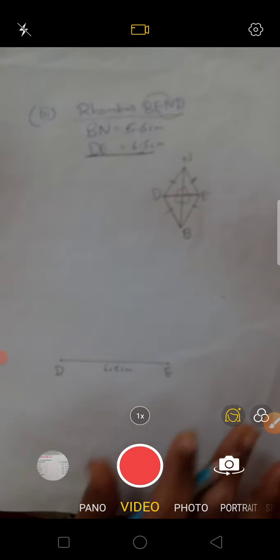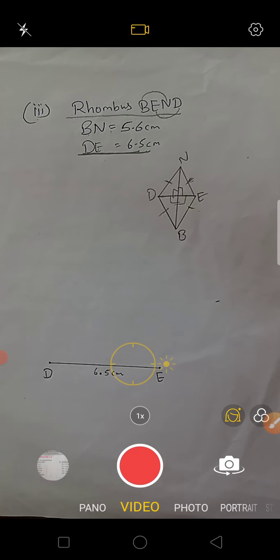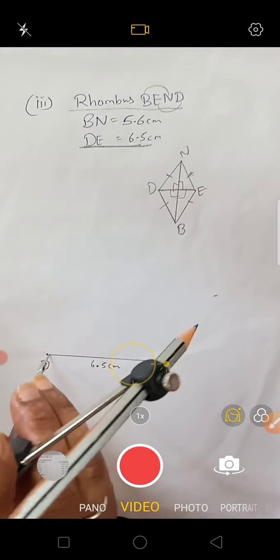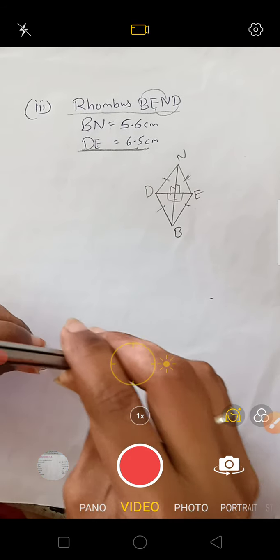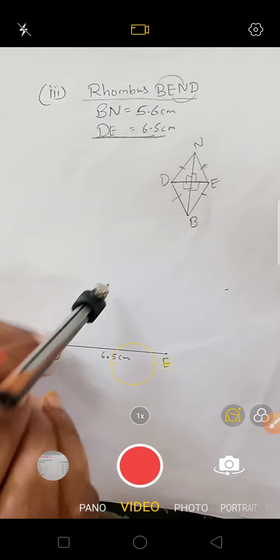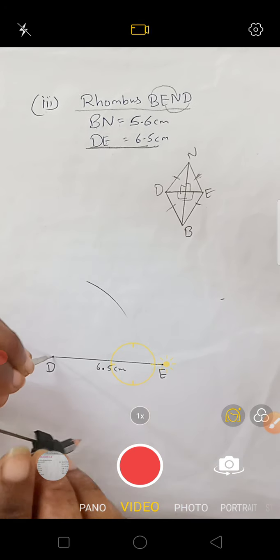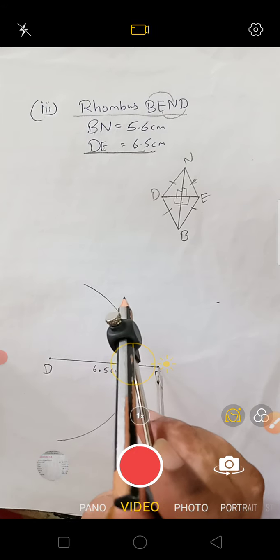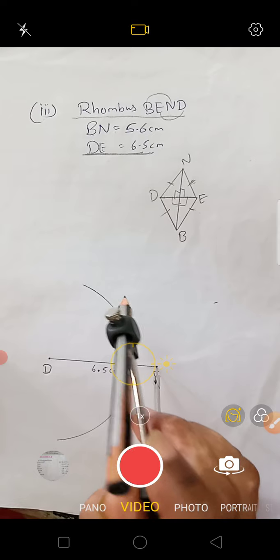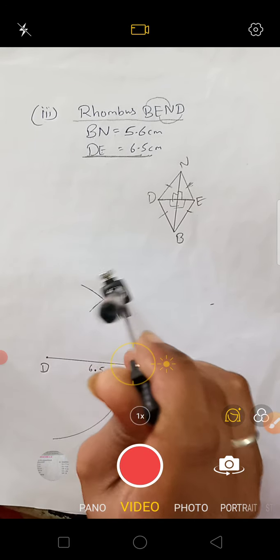The given side DE is 6.5 centimeters. So we take more than half of the distance of the given side and draw the perpendicular bisector. For that we take D as a center and draw arcs up and down, and similarly on the upper and bottom side we take E as a center and draw arcs where the previous arcs intersect each other.